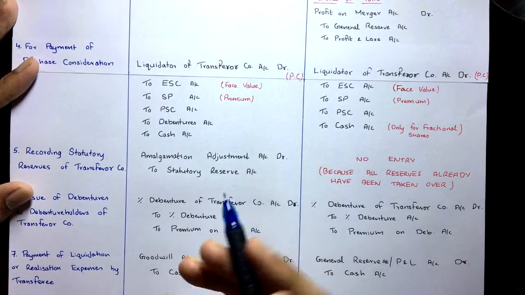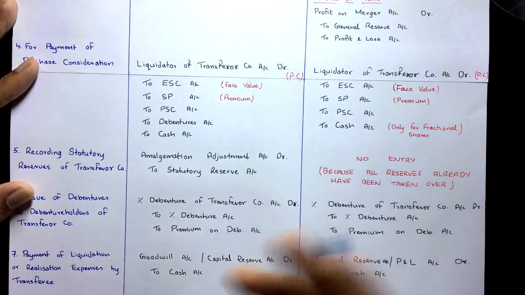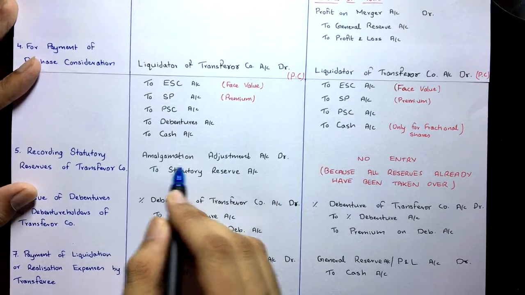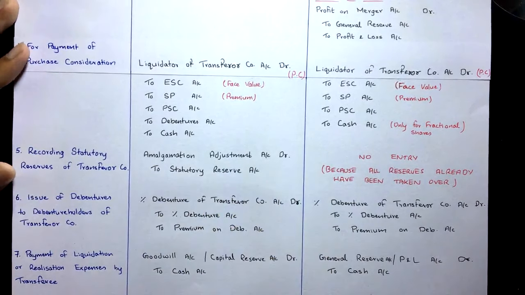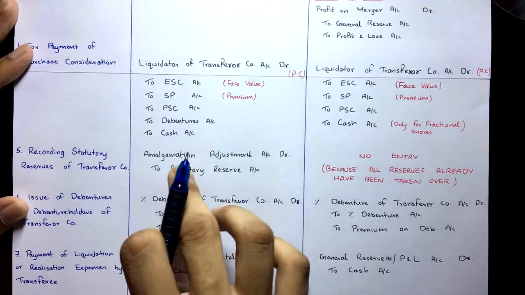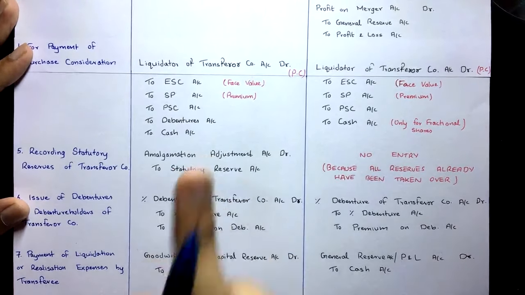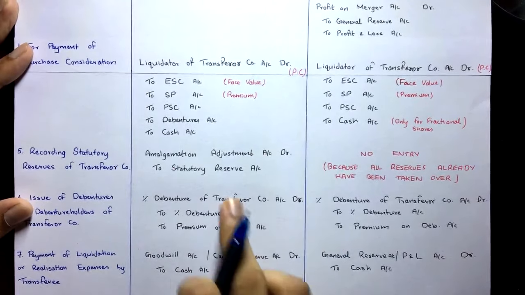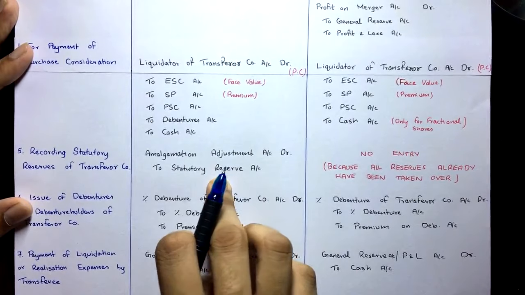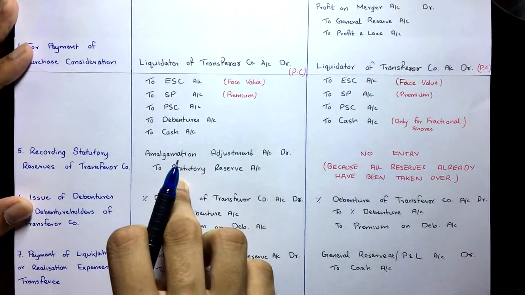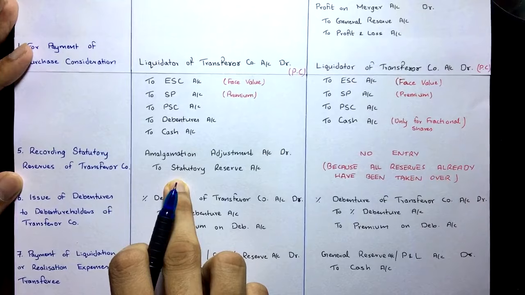We are doing this because of amalgamation, so that is why we use this term. So this is the fifth entry that you have to pass if there are any statutory reserves. In most BCom exams you will not get this entry. It might come, but there is a very small chance.